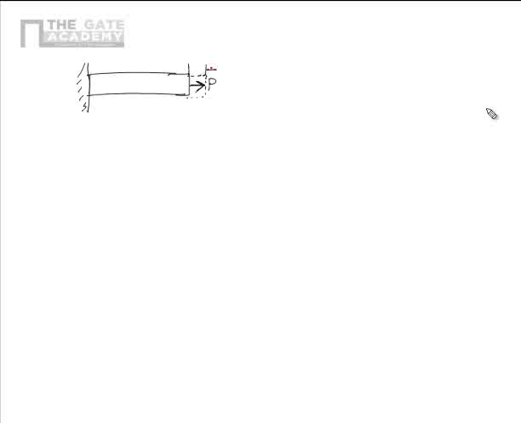This is the change in length, delta. So we say that the strain along the length, or what is known as longitudinal direction, is equal to the change in length over original length. This is the original length, L. That is a normal strain which we have studied till now.